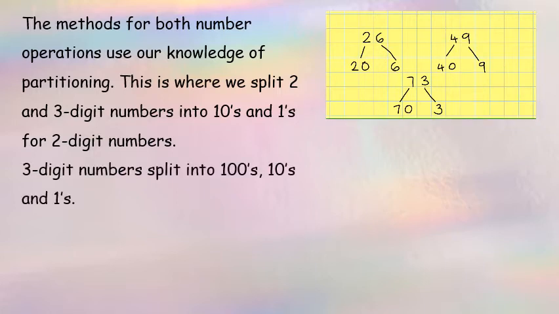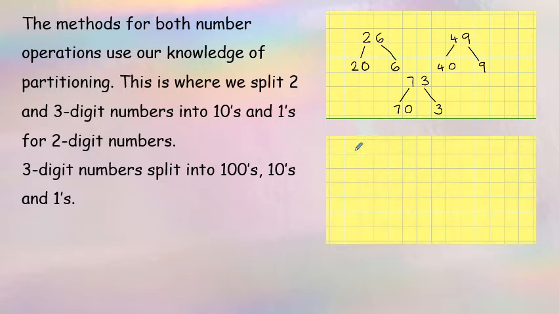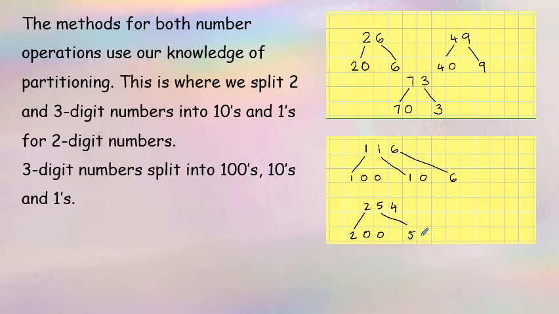Three-digit numbers split into hundreds, tens and ones. 116 splits into 100, 10, and 6. 254 splits into 200, 50, and 4.